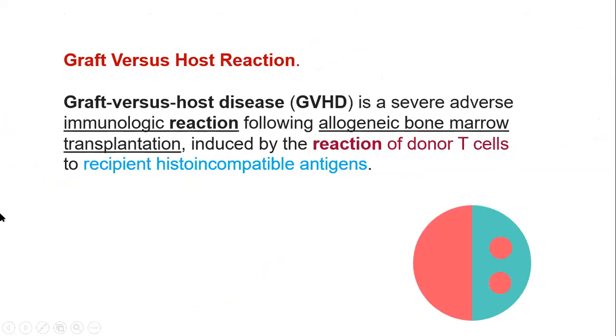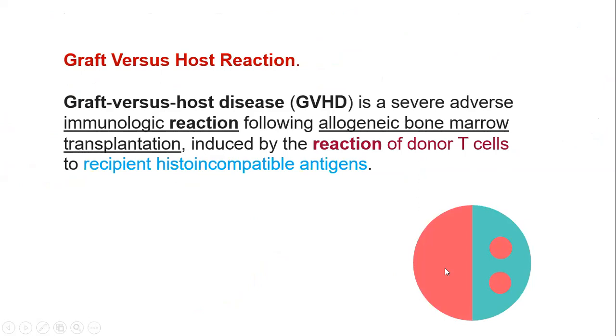So if you talk in more immunological terms, graft versus host reaction is a severe adverse immunological reaction following allogeneic bone marrow transplantation. In terms of GVHD, you are looking mainly at bone marrow transplantation and a few other cases of tissues, induced by the reaction of donor T cells.